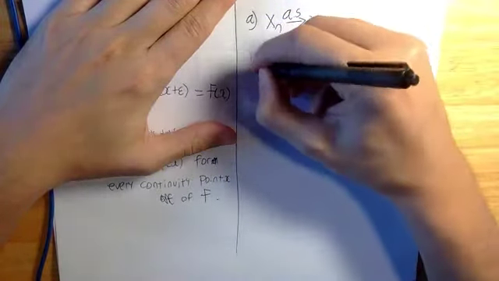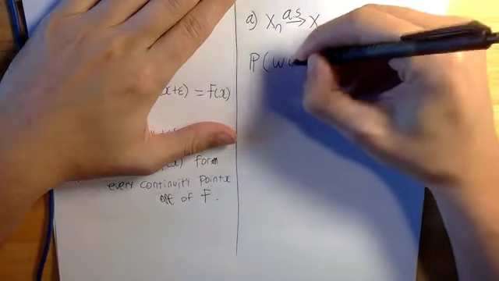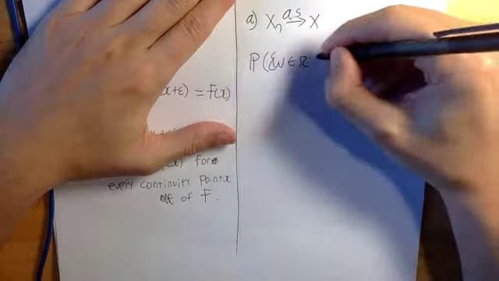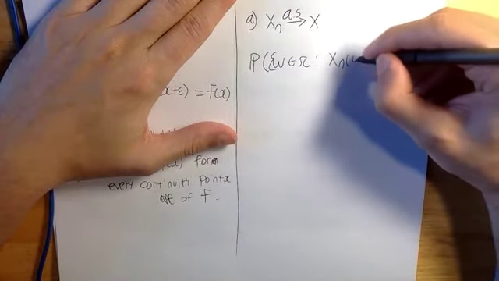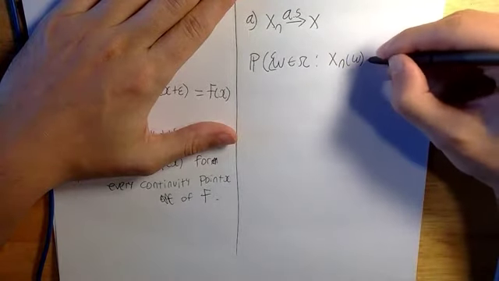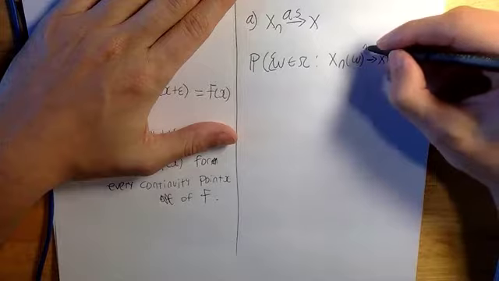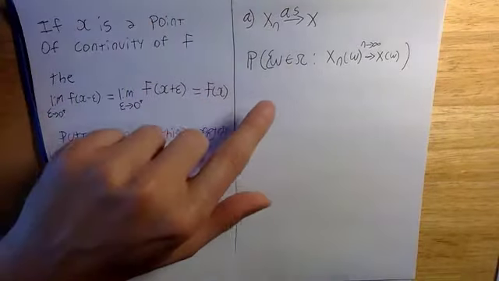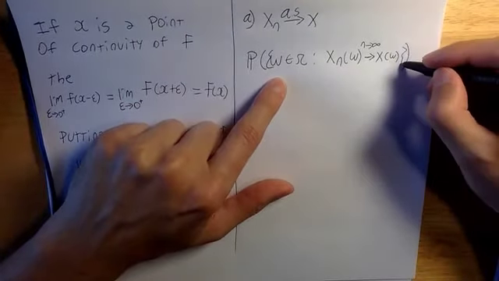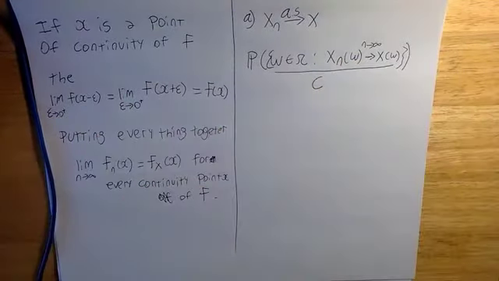This means that the probability of the omegas in Omega such that Xn of omega converges to X of omega as n goes to infinity is one. Let's call this set C for a second, and let's try to decompose this set a bit.